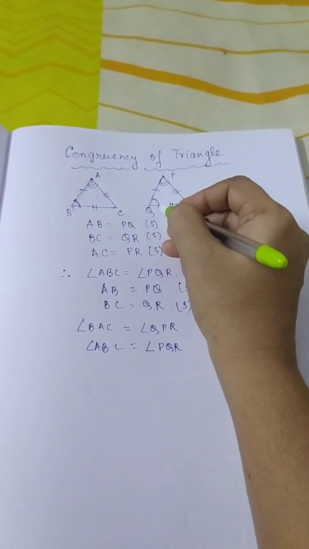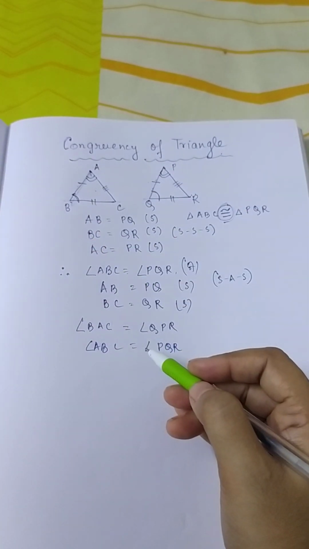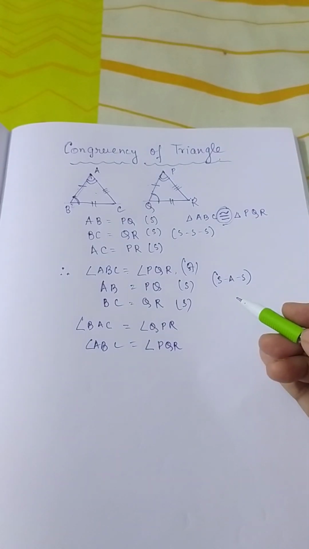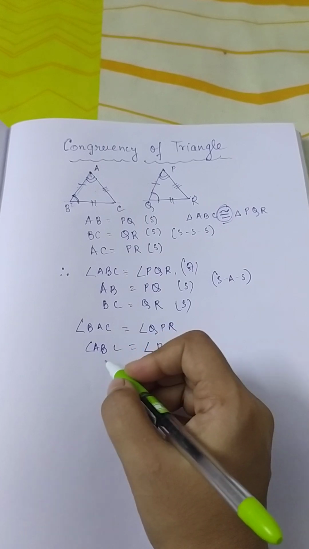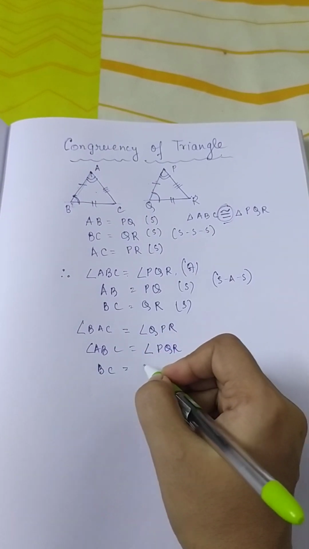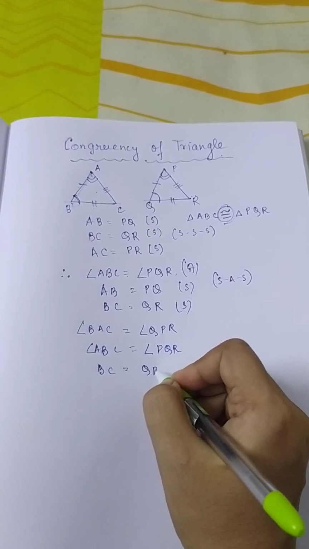And one side, suppose BC is equal to QR.